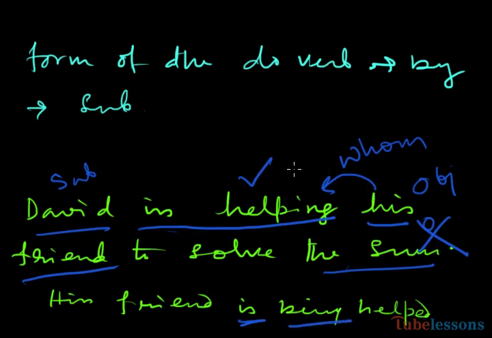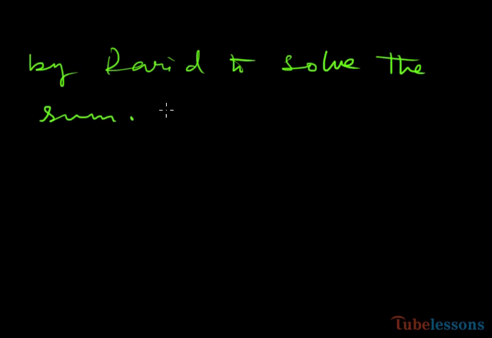Then the third form of the do verb: help, helped, helped. So helped. And then by David, we are adding by, then the subject. David is the subject, and the rest of the sentence remains the same because solve is not a verb to solve the sum.